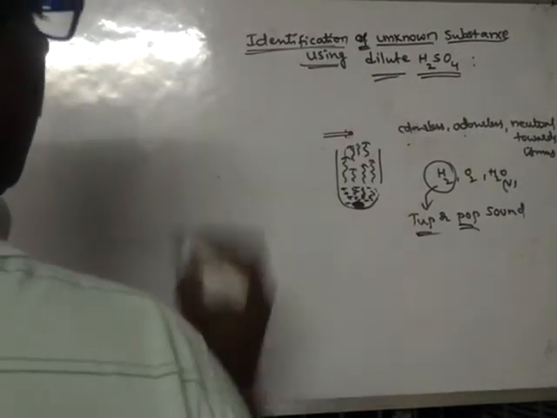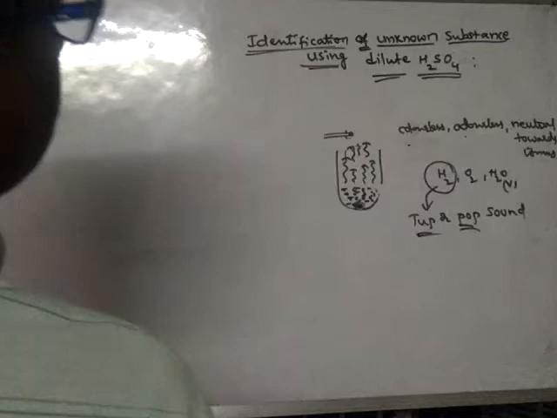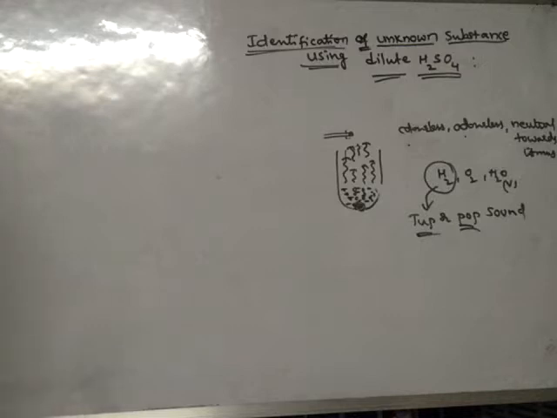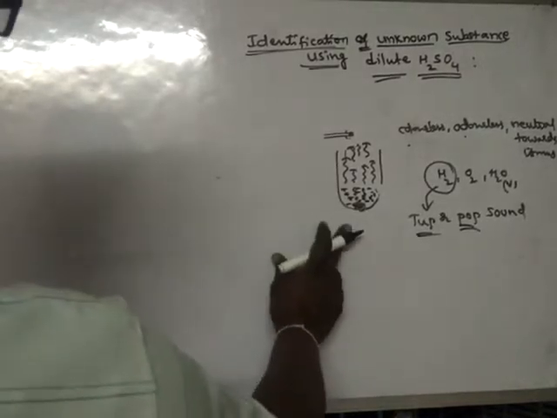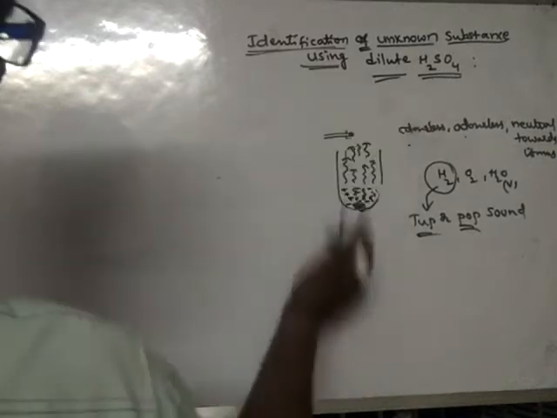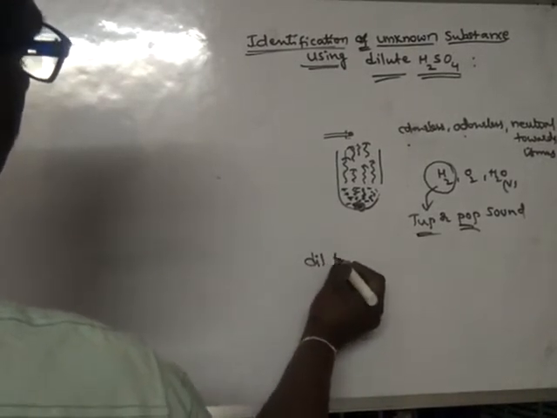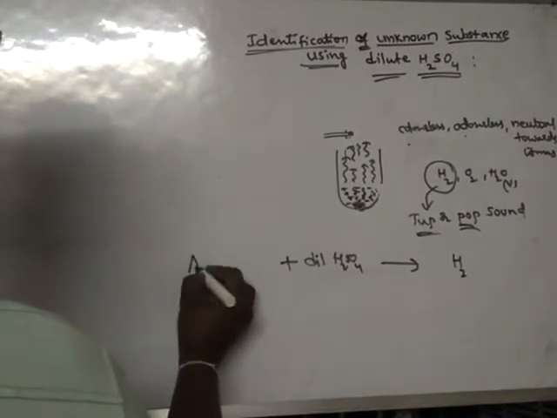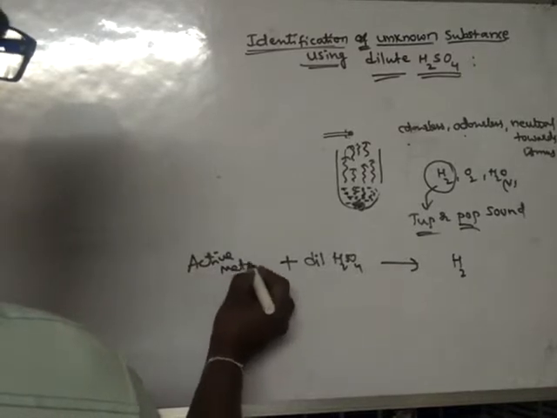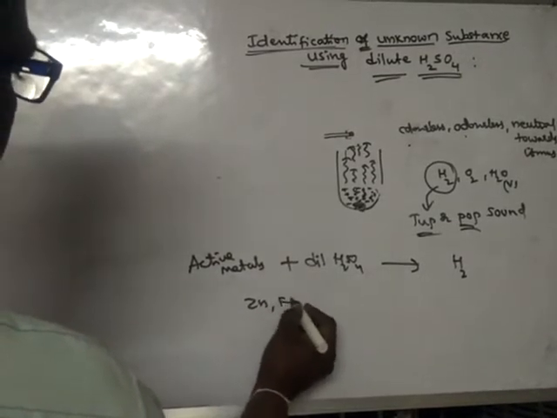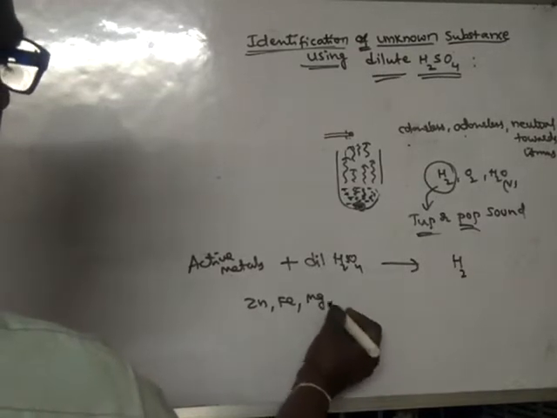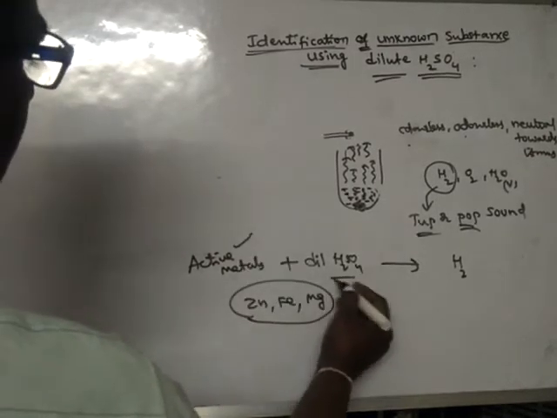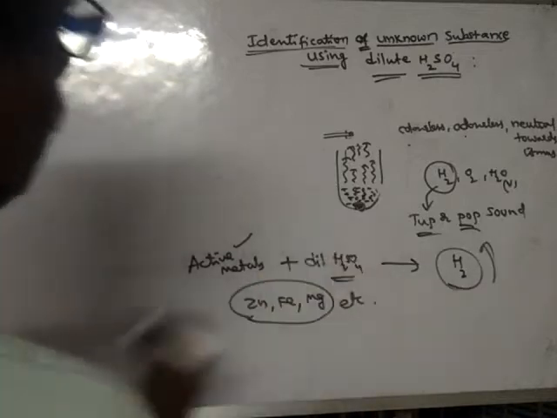Now the question is, what is this substance? How do we identify it? See, it is important to note that dilute sulfuric acid will produce hydrogen gas only when reacted with active metals like zinc, iron, magnesium, etc. These active metals will liberate hydrogen gas with dilute sulfuric acid.